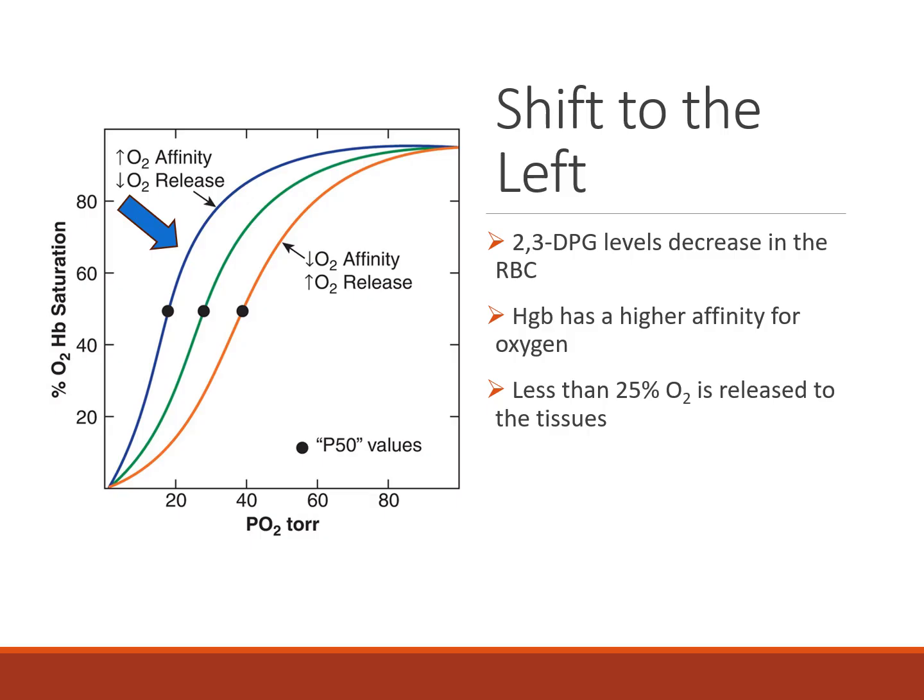And again, this is one of the reasons why people who drown in very cold temperatures have a higher survival rate and can maintain less degree of tissue death due to hypoxia because those 2,3-BPG levels are decreased.